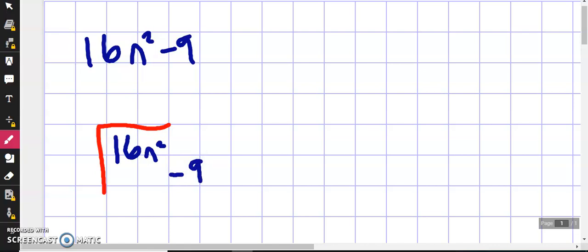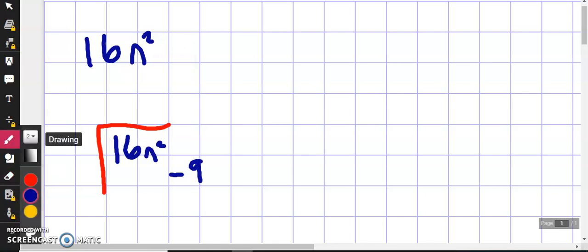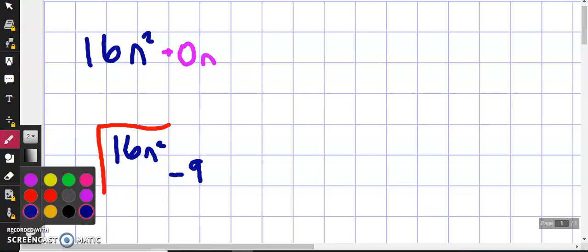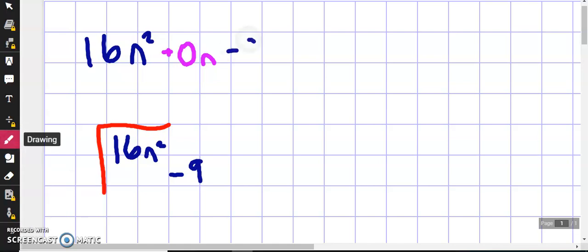The trick to this, though, is that even though there's nothing in the middle, I can pretend that they gave me a 0n as the middle term. So what that means is that when I'm looking for my two missing terms inside the box, I'm looking for things that cancel to 0.